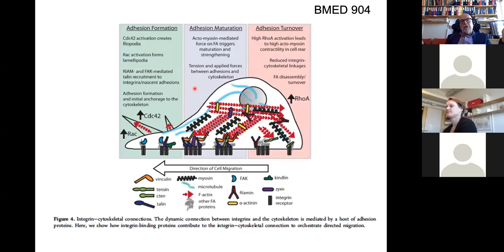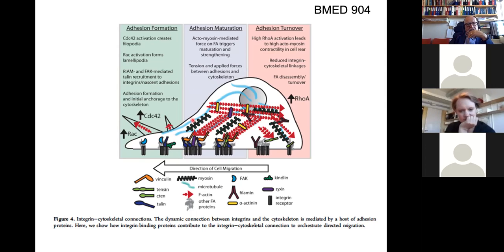So you think about a simple mechanism: how does the cell crawl? And you start realizing when you look at the molecular mechanism, it's extremely complex. You can spend your life investigating how a cell crawls because the molecular machinery and the signaling function are so complex.